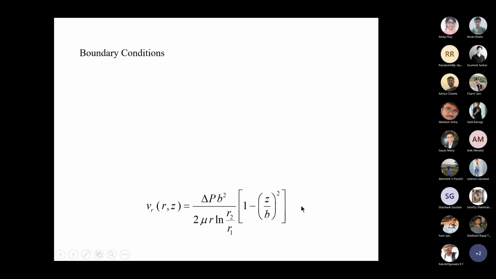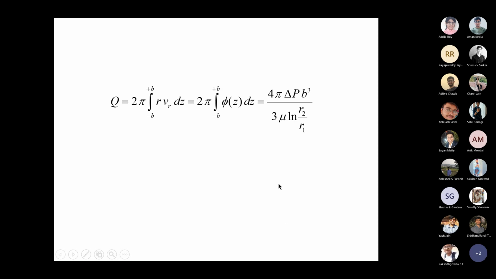So this is what the velocity profile would look like, and this is an example of how your analysis of the different terms of the Navier-Stokes equation, based on their predominance in a specific application situation, can be utilized to obtain the velocity profile.